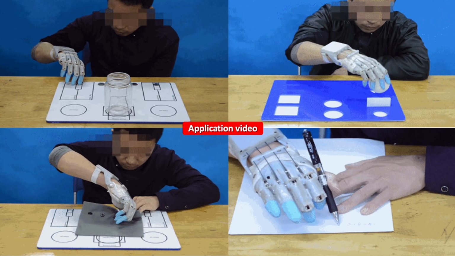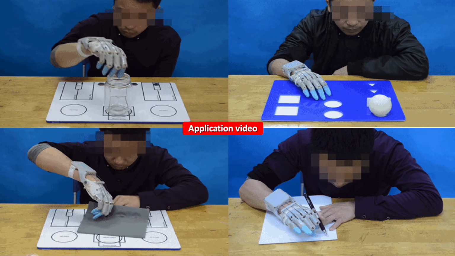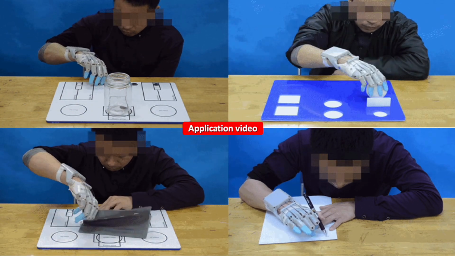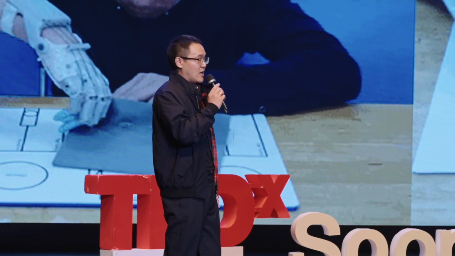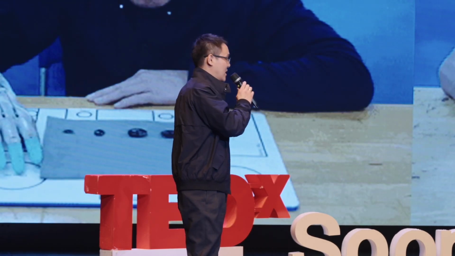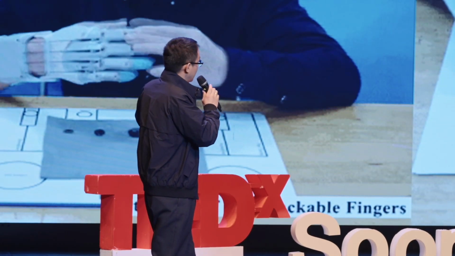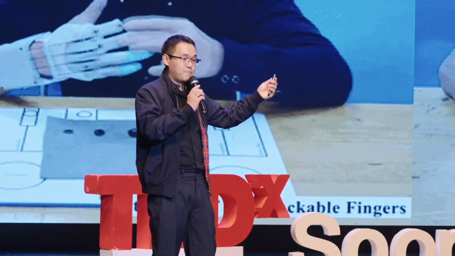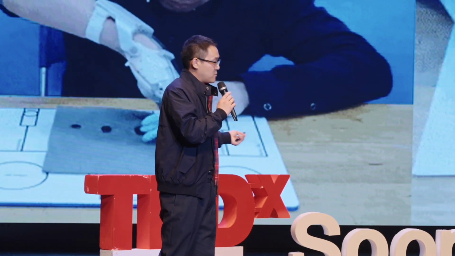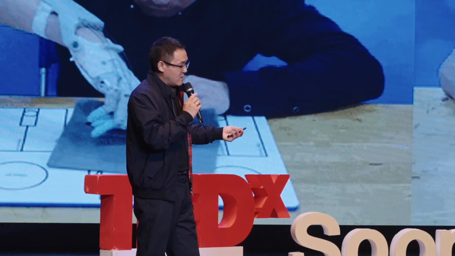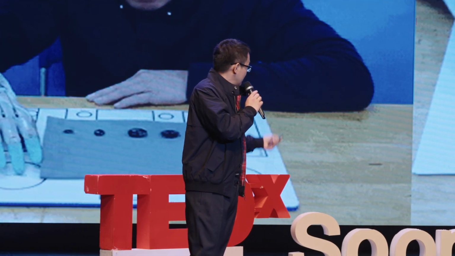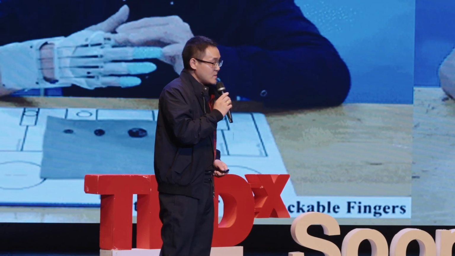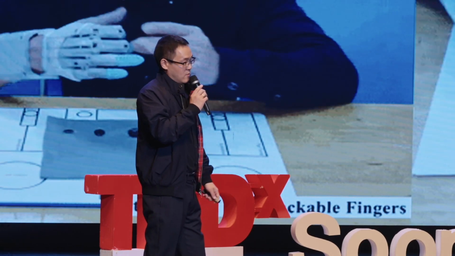Yes, this is the result. Through our research and the manufacturers, our patient can now use his intelligent prosthetic hand to do a lot of things. For example, pick up cones, pick up balls, express letters, or even for daily use, write signatures. Yes, we succeeded.